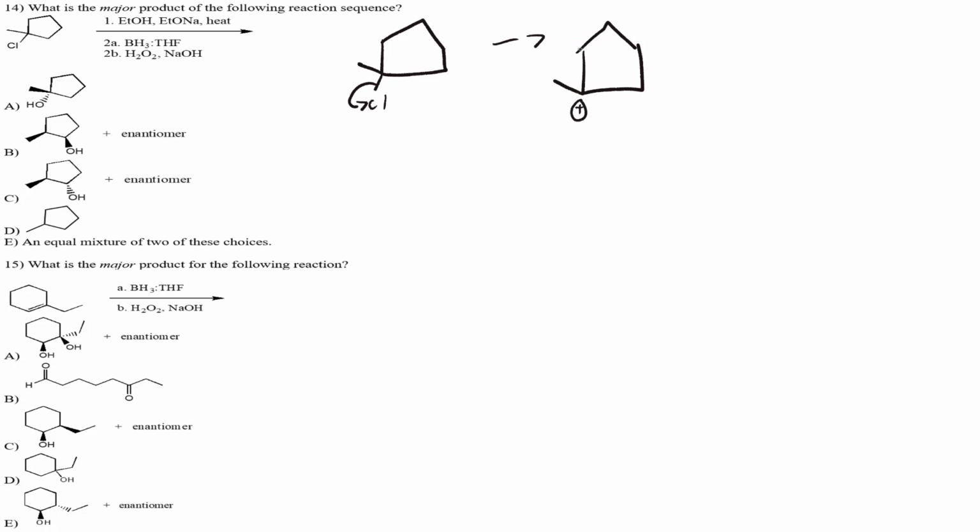Now we have the option of making a double bond from either hydrogens, right? So these are beta hydrogens. Take your pick. It doesn't matter which one out of the 4 you pick. You're going to get the same answer. If you pick the top ones, you're going to have to rotate your ring to get the answer.